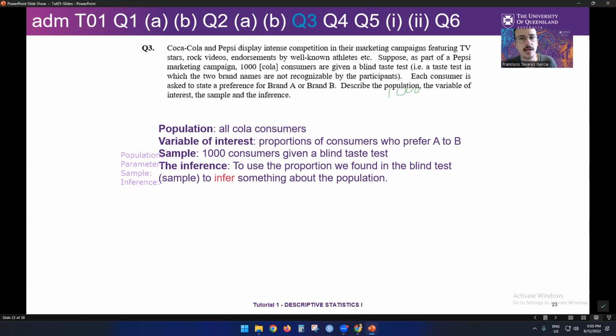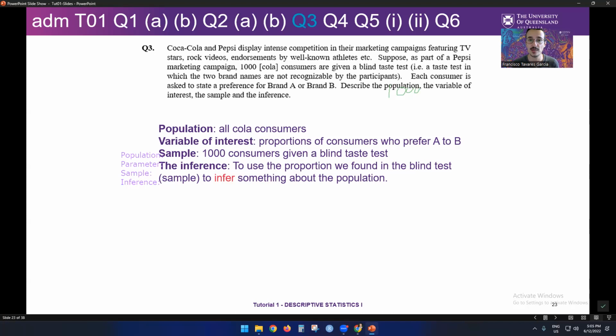You could say perhaps it's everybody. Maybe there are people who are not consumers of cola, it could be Coke, Pepsi, or the other ones. These people are a little bit harder for a cola product to reach. So usually you're thinking about the potential customers, which will be all cola consumers.